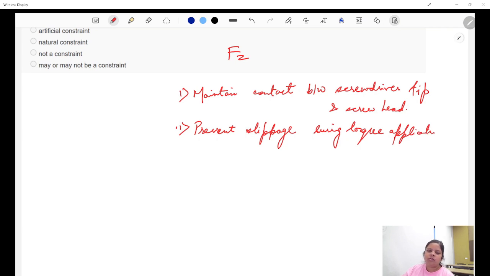This force does not result from mechanical or geometric structure alone. It is required for successful task execution, but it is not enforced naturally by the environment. It is our task, and that is why we want things to happen this way. So it is a force that a controller or human must apply intentionally.